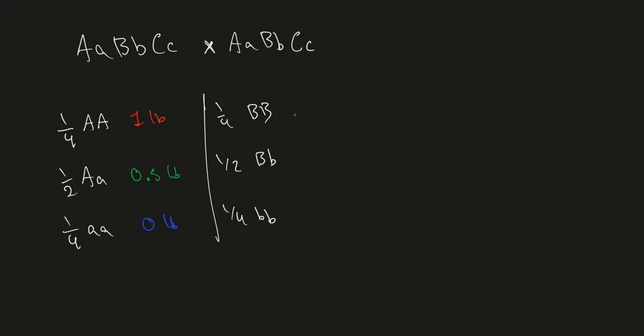And this is going to contribute 1 pound, a half pound, and 0 pounds for the last one. I'm not going to write the rest over here, but we already know that it's going to be 1/4, 1/2, and 1/4 for the C alleles, right?